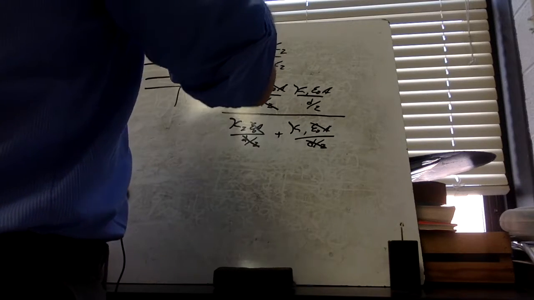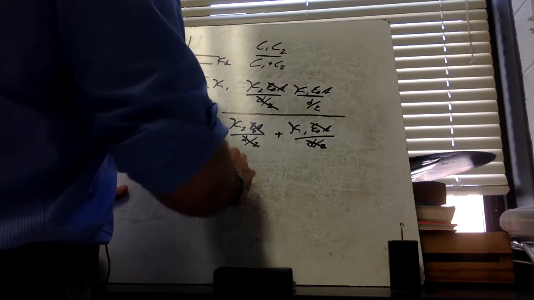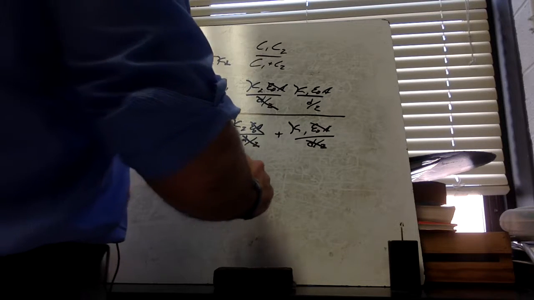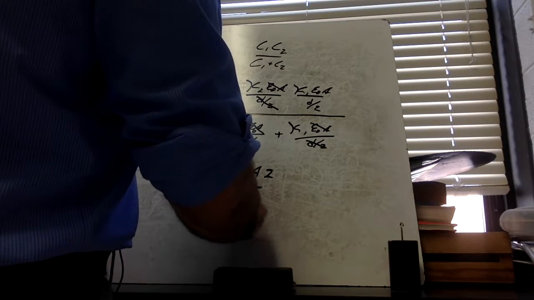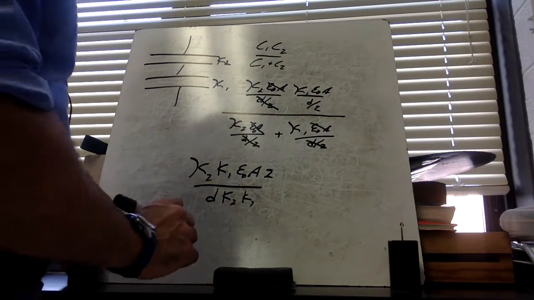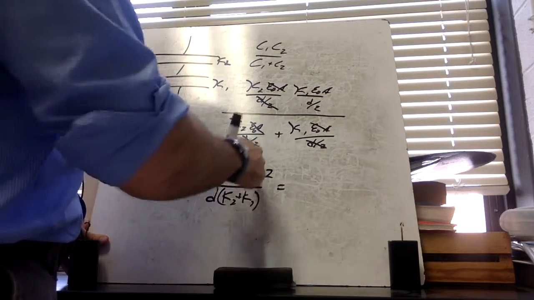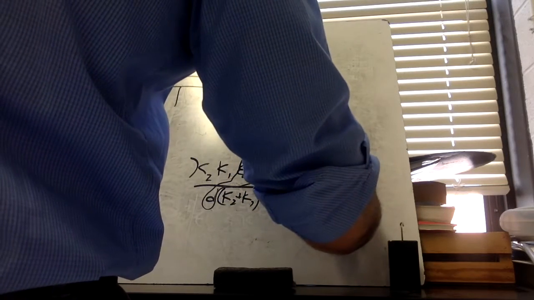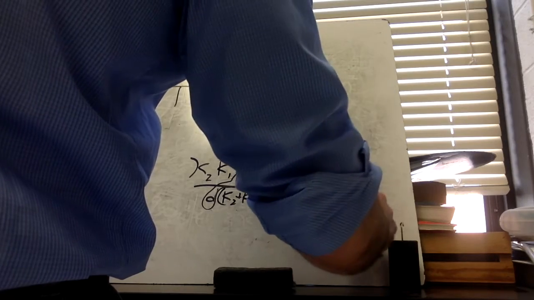All we're left with in the end is kappa 2 kappa 1 epsilon naught A times 2 all over d times kappa 2 plus kappa 1. So this is C naught times 2 kappa 1 kappa 2 over kappa 2 plus kappa 1.